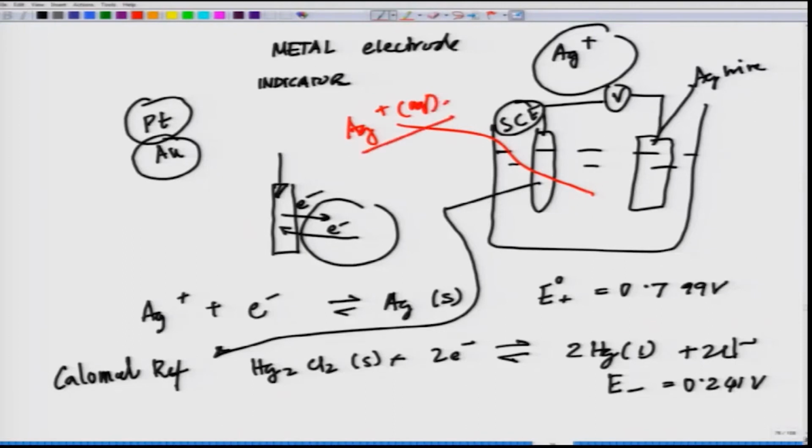Now, if you know under a known condition the voltage, now if you change the concentration, if you add more of Ag plus into the solution, then the voltage is going to change, and that is exactly what you are going to measure.